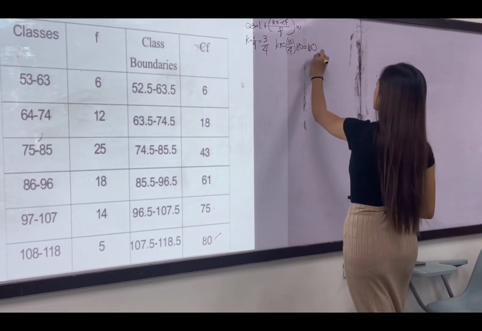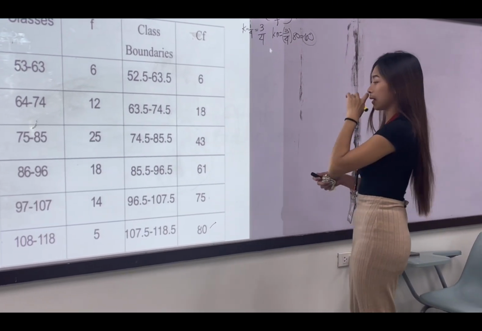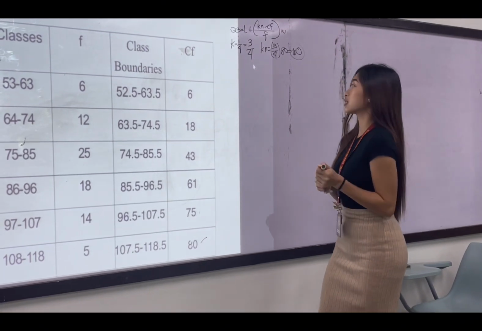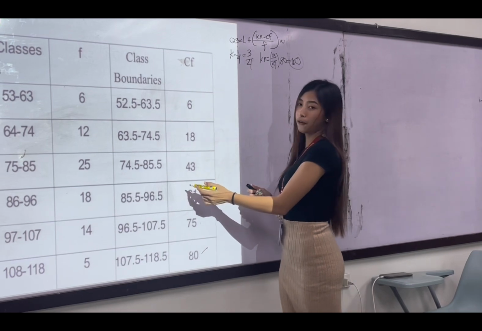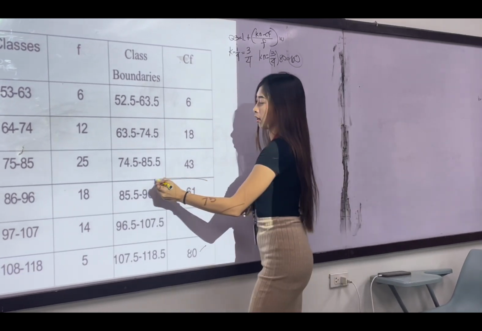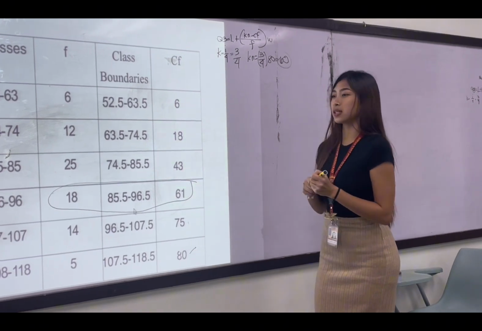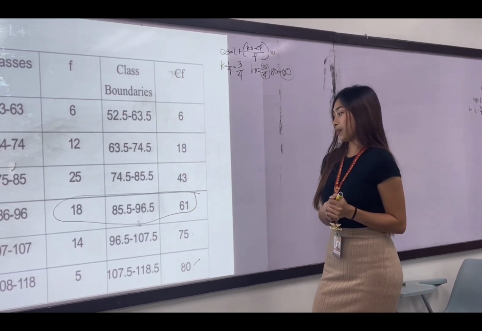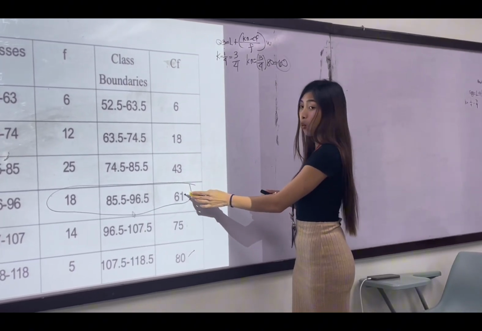So to get 60, you just multiply these. Kn is 60, and the smallest cumulative frequency that covers it is 61.